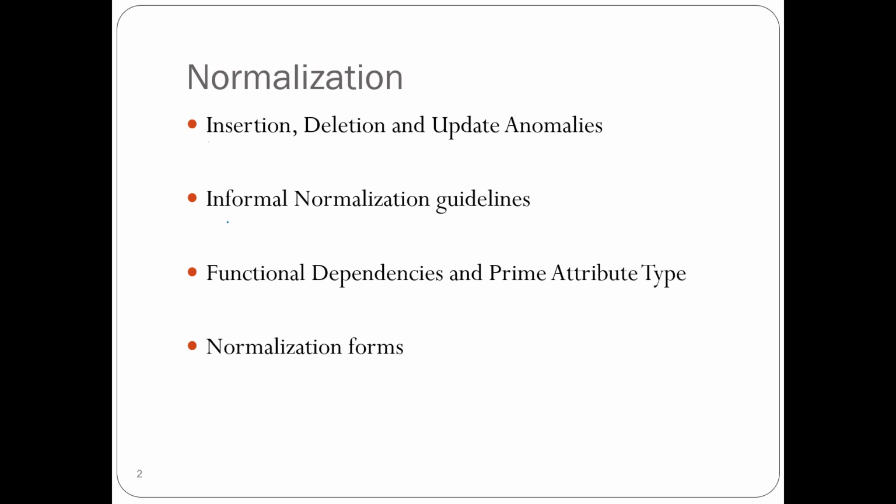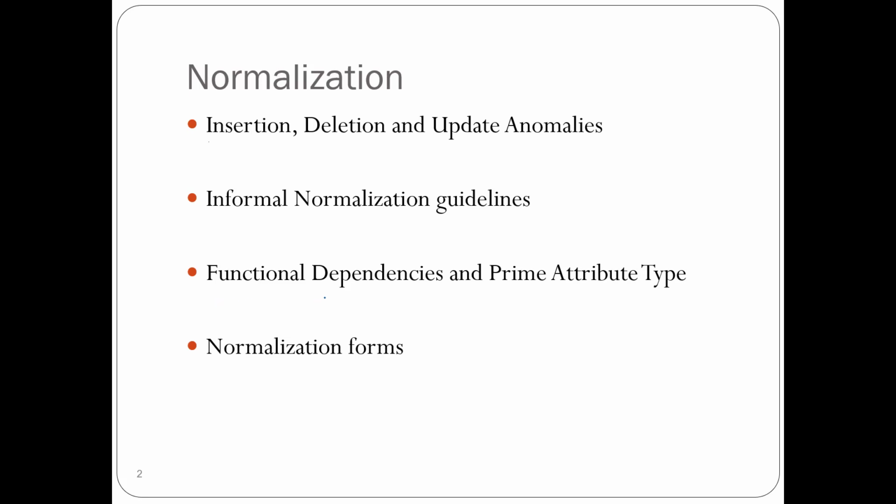There we will see what an unnormalized relation would look like and how informally we could refine those unnormalized relations into normalized relations. After that, I'll discuss functional dependencies, which is a very important concept in understanding normalization.